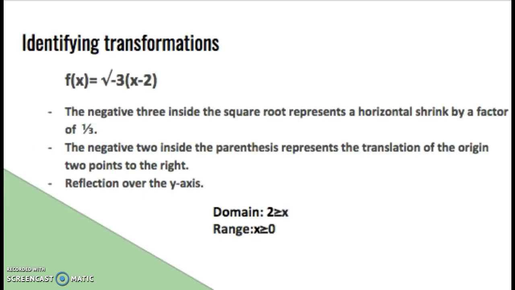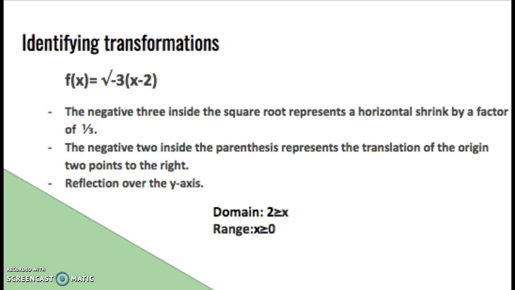So for identifying the transformations, you have to remember the transformation rules. So first, you have to make sure you stretch, shrink, or reflect before you slide, up, down, left, or right. And remember that everything that's inside is going to be the opposite, and everything that's outside is going to be just how it is. If the factor is multiplied by the x or y, it is going to be a shrink or a stretch.